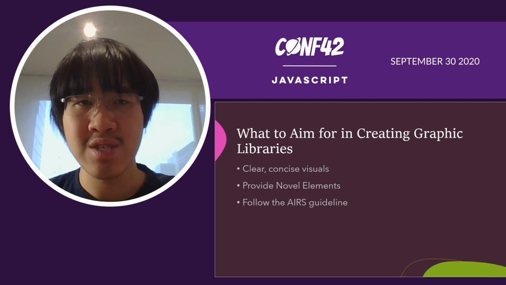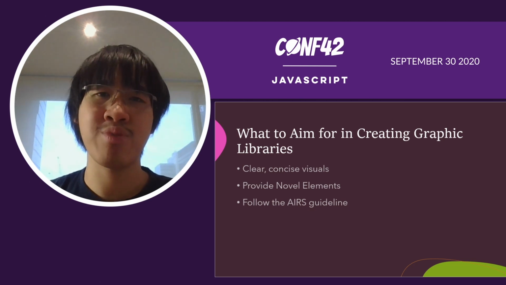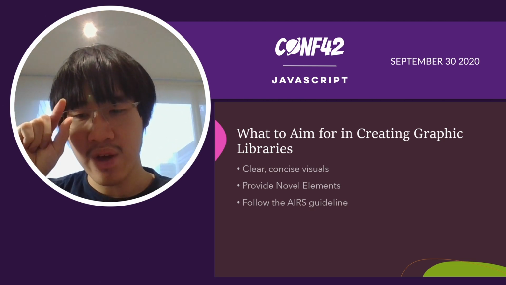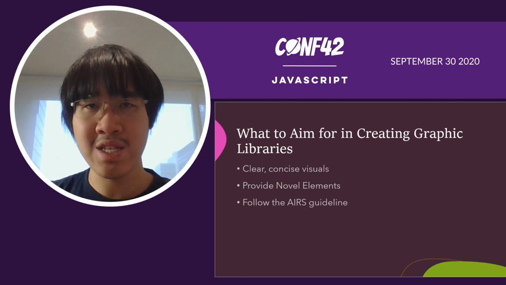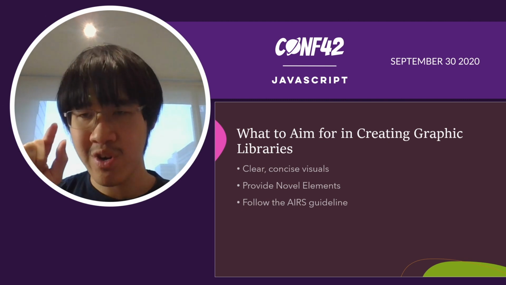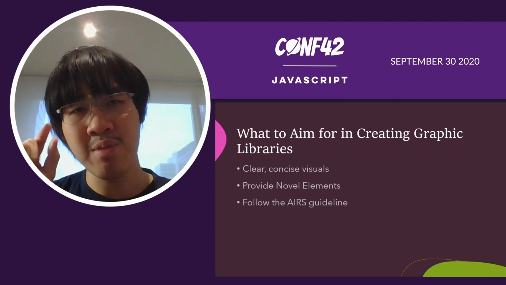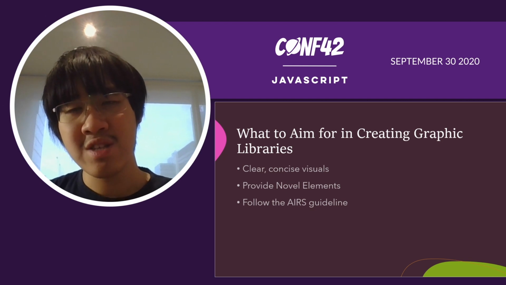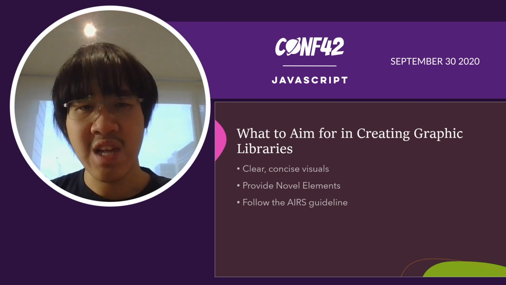People need to be able to see the graphics portrayed from these libraries and just think, oh, right, it's going to portray this particular threshold amount, or it goes from X to Y, and it's trying to portray this particular thing, and we can see this particular pattern. So people need to be able to interpret your graphics libraries very well. You need to keep that in mind when you create graphics libraries.